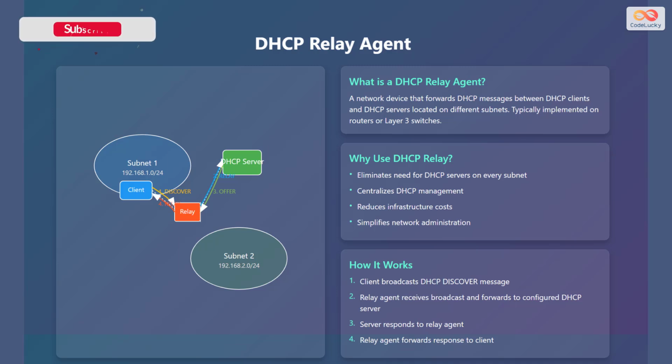It eliminates the need for DHCP servers on every subnet, centralizes DHCP management, reduces infrastructure costs, and simplifies network administration. How does it work? The client broadcasts a DHCP discover message. The relay agent receives the broadcast and forwards it to the configured DHCP server. The server responds to the relay agent. Finally, the relay agent forwards the response to the client.